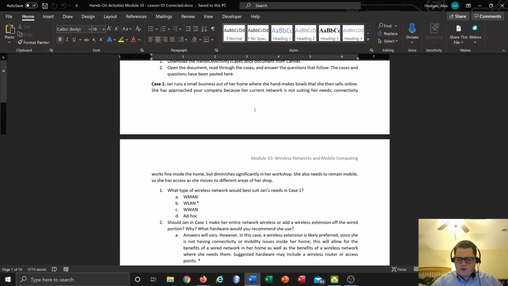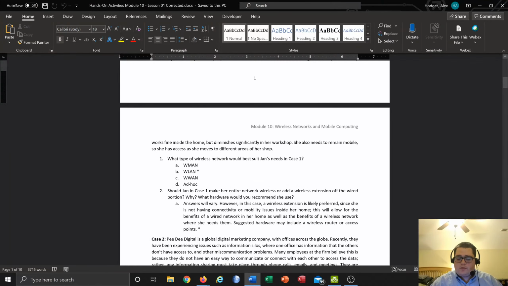Question 1 says, what type of wireless network best suits Jan's needs in case 1? In this case, she's going to be looking at a WLAN because she's in the home. She needs wireless access within one building, and it's a relatively small area. Question 2 says, should Jan make her entire network wireless or use a wireless extension off the wired portion?